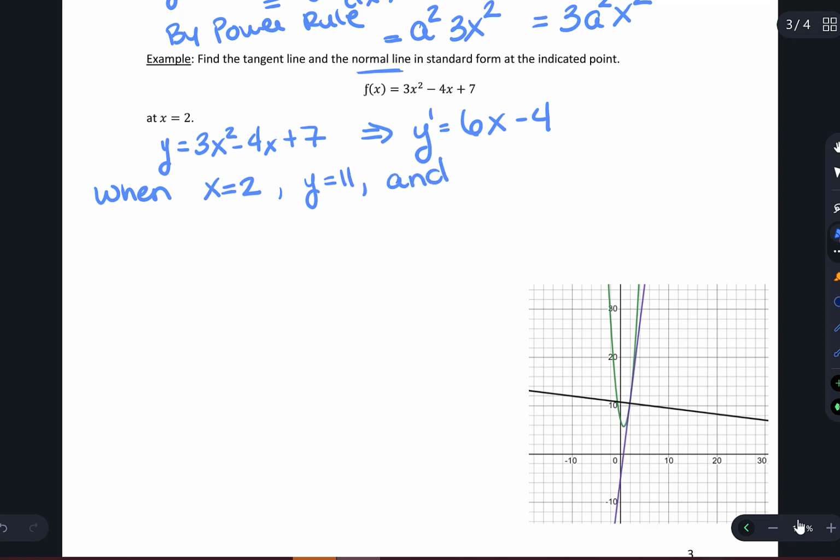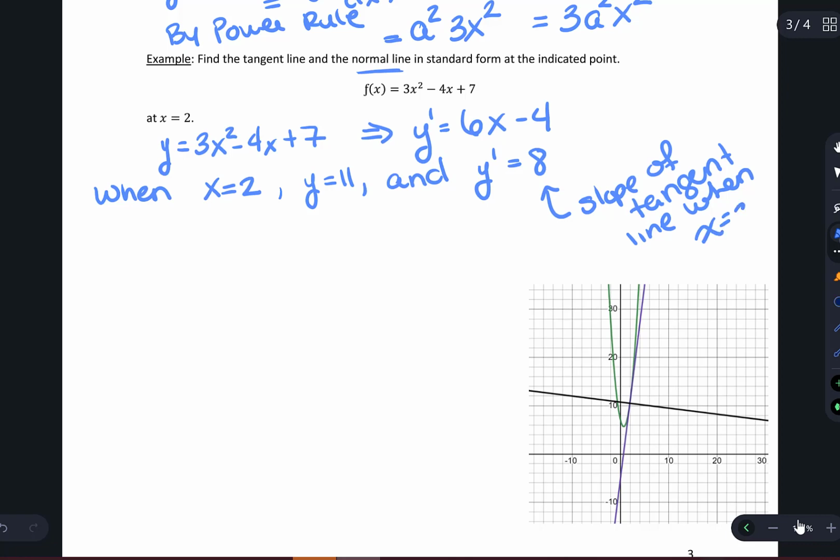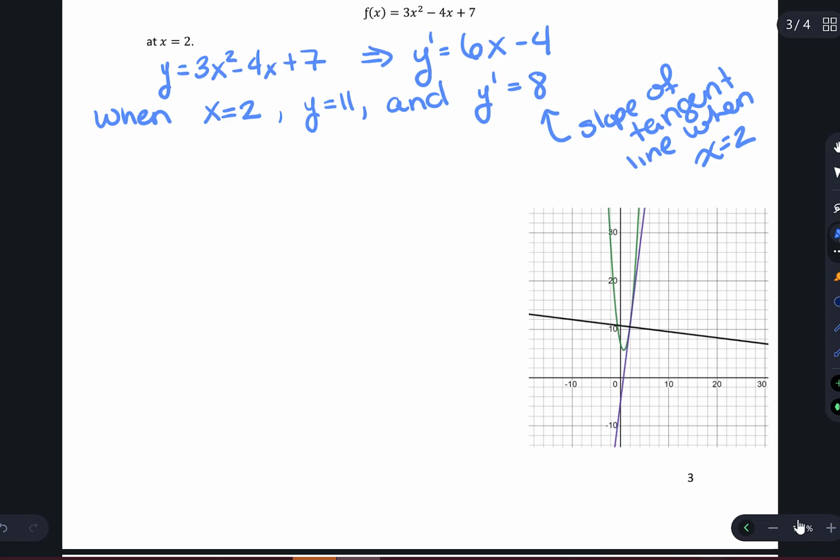And again, evaluating the derivative at 2 is going to give us 6 times 2, which is 12, minus 4 is equal to 8. So y prime is equal to 8 when x is equal to 2. And so again, what this tells us is this is the slope of the tangent line when x is equal to 2. So using this information, we can then find the tangent line.